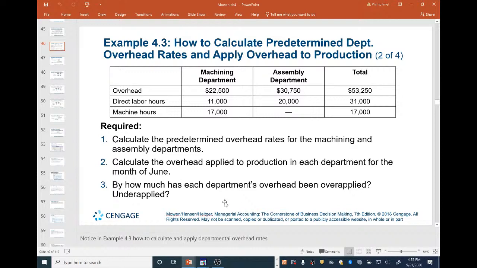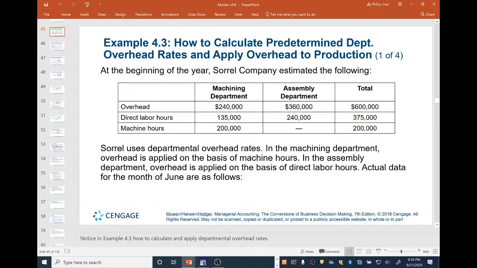So for step one, calculate the predetermined overhead rates for the machining and assembly departments. And that's going to be based upon this data right here. For the machining department, how are we going to find the overhead rate based upon this data?